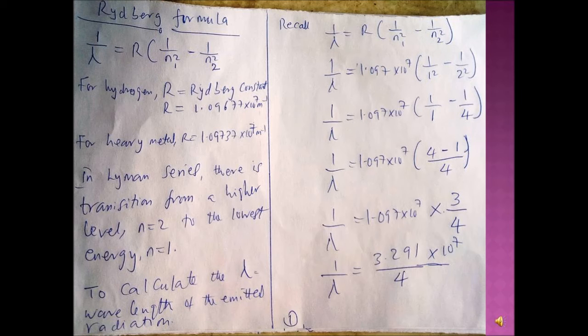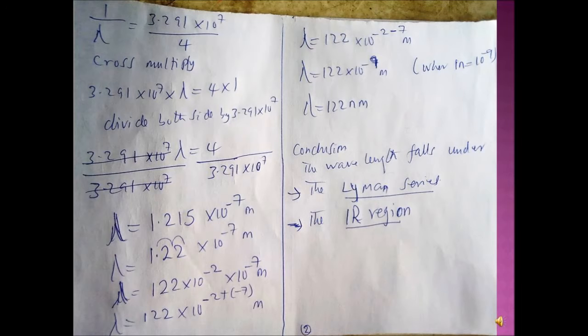Then to make wavelength the subject of the formula by cross multiplying, we now have 3.291 times 10 raised to the power 7 times lambda equals 4 times 1, which is 4. To calculate our wavelength, we have to remove this 3.291 times 10 raised to the power 7.